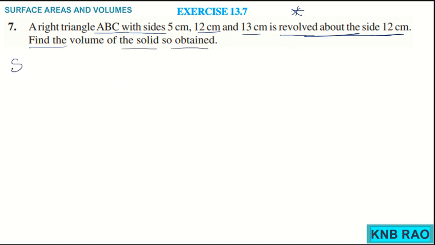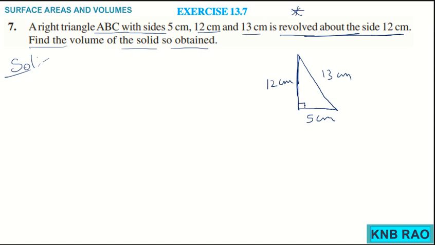See children, while solving this question, visualizing it is very important. Here I have a right angled triangle, where the hypotenuse is 13 centimeter, which is opposite to the right angle, and there are two perpendicular legs, among them one is 12 centimeter and the other is 5 centimeter.